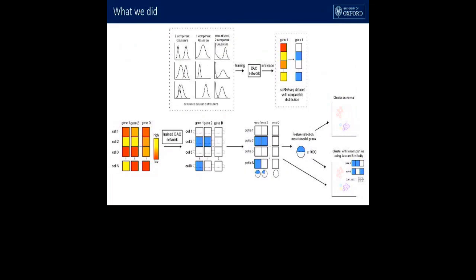And then from this, we do feature selection, and we select the 1,000 top bimodal genes, which means those genes where approximately half of them are mapped to this on state and half of them are mapped to this off state. We then perform clustering as normal, but also using the fully binarized profiles using a binary distance metric. And that's because we wanted to investigate the effect of both binarization and feature selection.